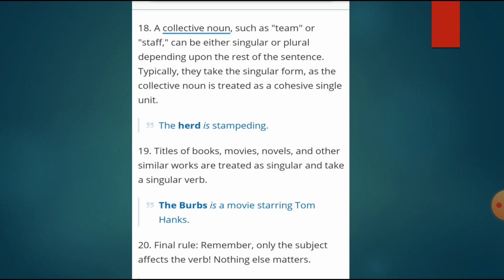The noun is in a plural form, but it is the name of a movie. Same is the case as we can say Poetics. It takes an S, but even then it will be treated as singular because it is the name of a single book.